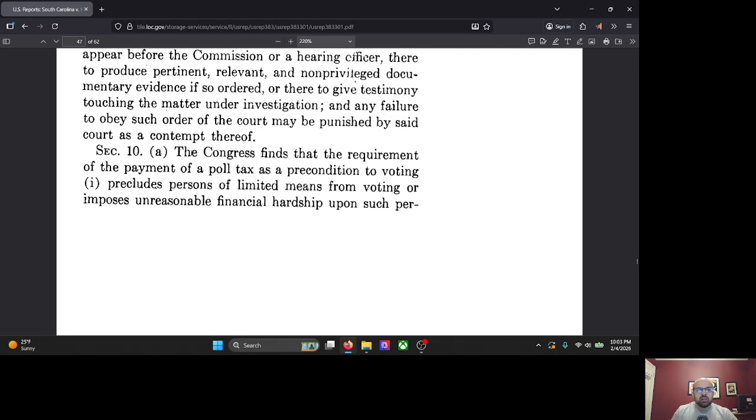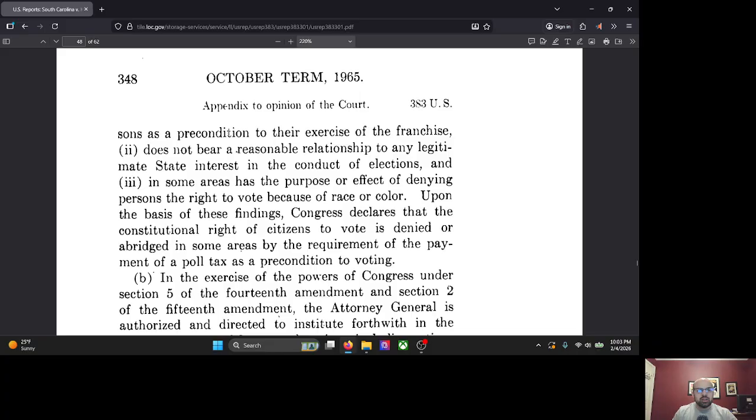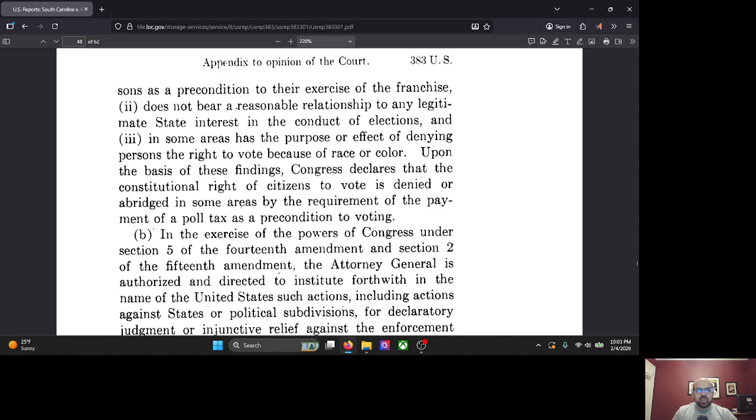Section 10. A. The Congress finds that the requirement of the payment of a poll tax as a precondition to voting 1. precludes persons of limited means from voting or imposes unreasonable financial hardship upon such persons as a precondition to their exercise of the franchise, 2. does not bear a reasonable relationship to any legitimate state interest in the conduct of elections, and 3. in some areas has the purpose or effect of denying persons the right to vote because of race or color.